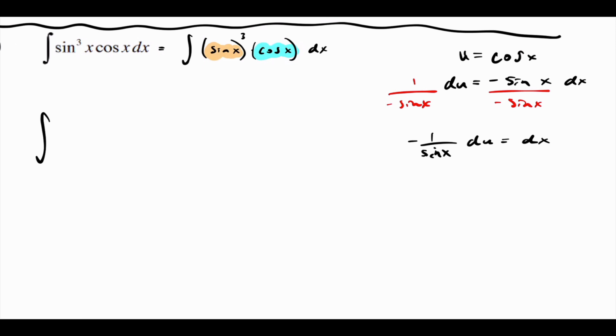Move-in time. So sine of x to the third power stays. That wasn't u. U was over here. And then du was that guy.